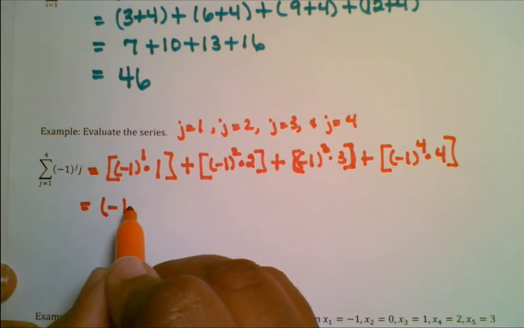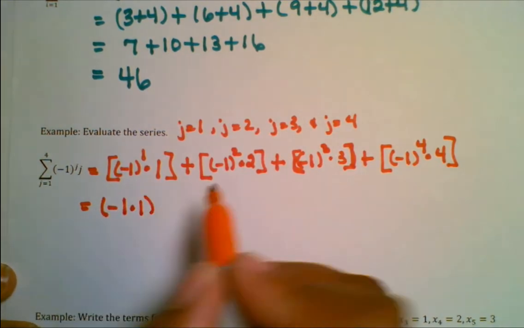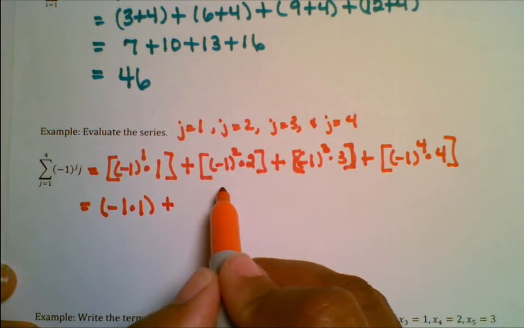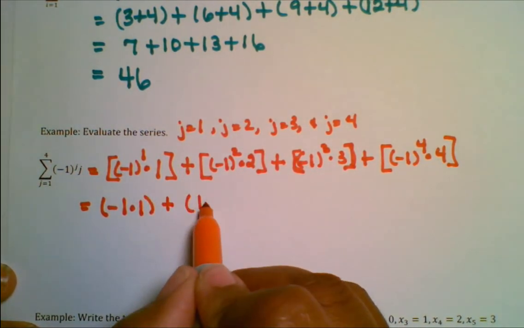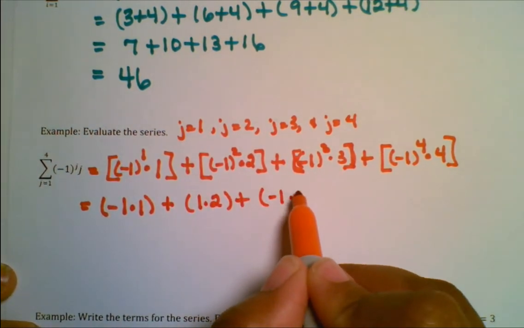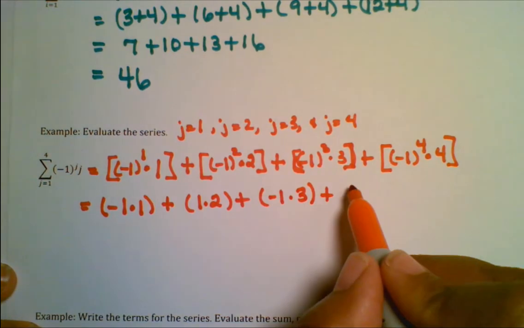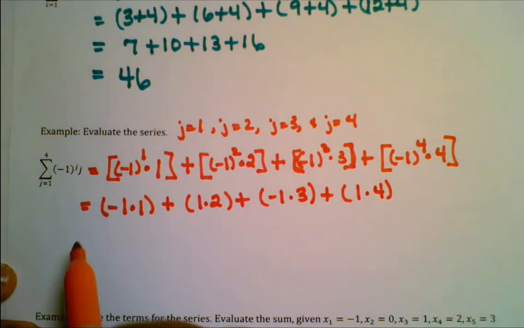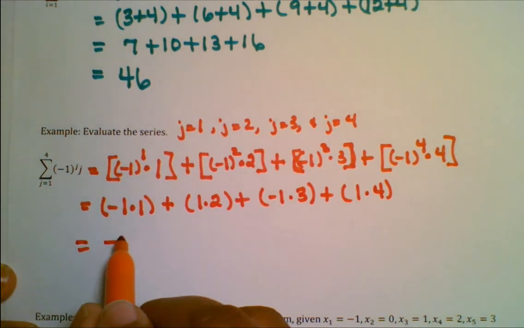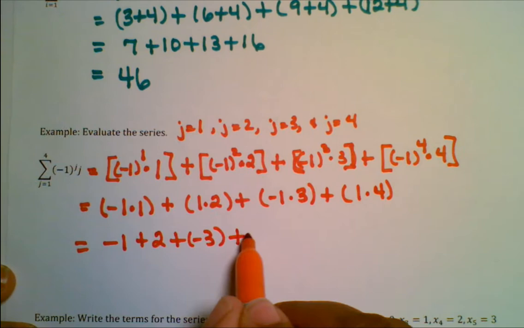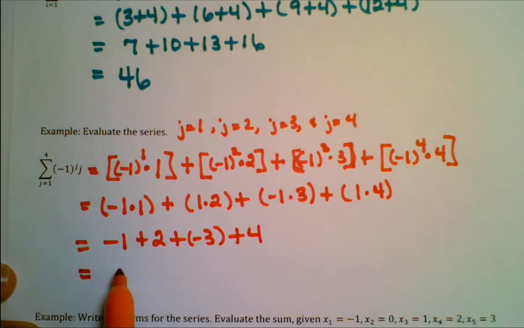So we have negative 1 times 1, because the quantity of negative 1 to the first power is negative 1, plus the next one we have 1 times 2, plus we have negative 1 times 3, plus then we have 1 times 4. Then that would give us negative 1 plus 2 plus negative 3 plus 4, and adding those together we have 2.